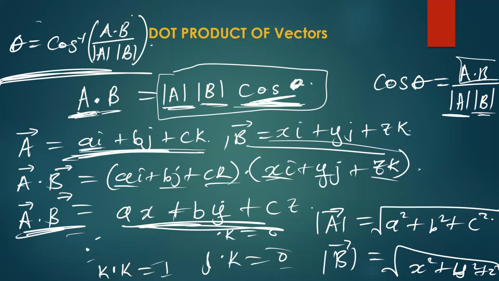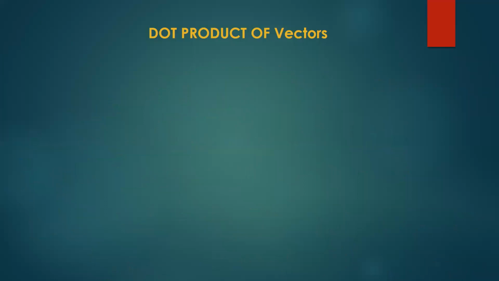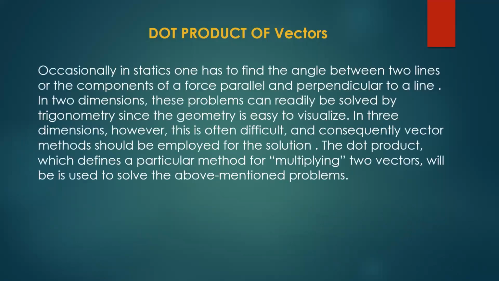All right, so let's quickly move on to what I have prepared. We have these few notes here. Occasionally, in statics, one has to find the angle between two lines or the component of a force parallel and perpendicular to a line in two dimensions. These problems can readily be solved by trigonometry since the geometry is easy to visualize.